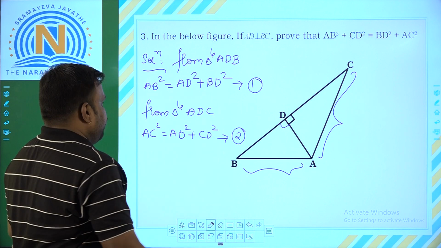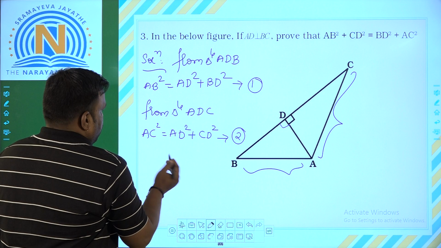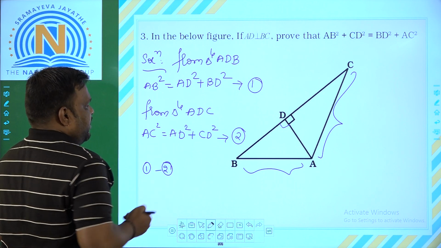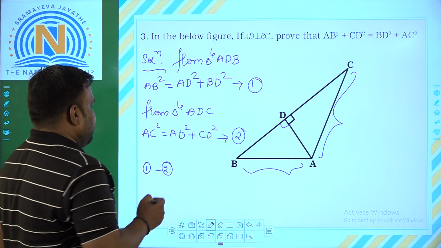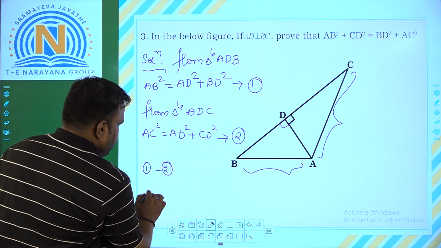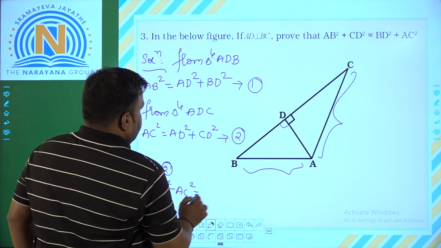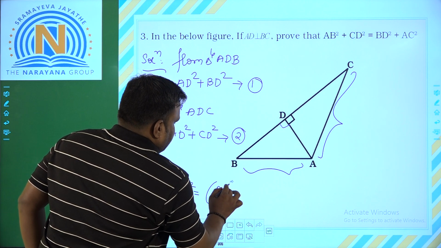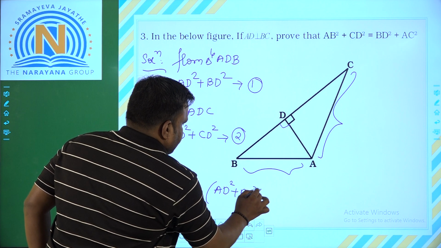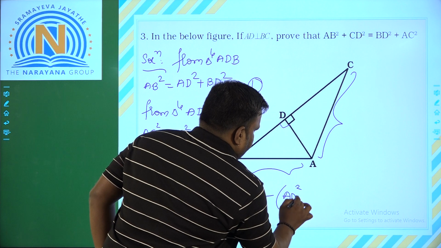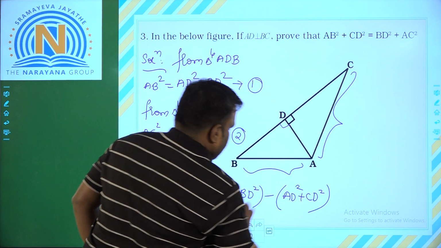Now subtract these two equations, that means 1 minus 2. When you subtract these two equations, LHS gets subtracted, RHS gets subtracted. That means what I will be left with right now, AB square minus AC square is equal to AD square plus BD square minus AD square plus CD square.